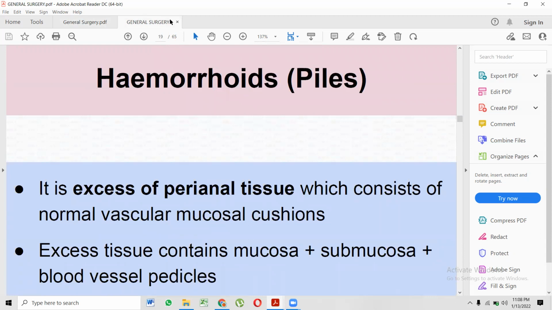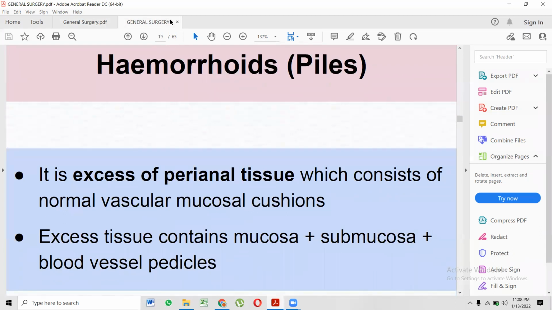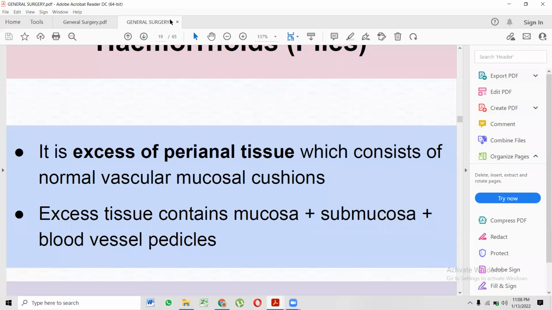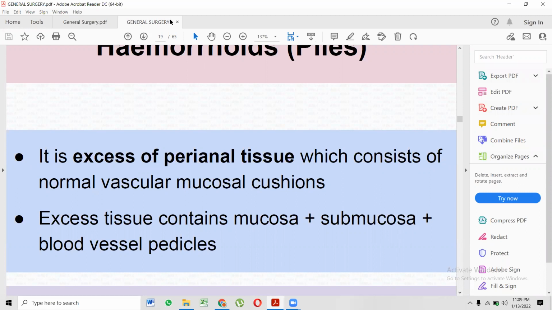Hemorrhoids are basically excess of perineal tissue which consists of normal vascular mucosal cushions. So hemorrhoids are basically excess perineal tissue. These tissues consist of mucosa, submucosa, and blood vessels, pedicles.